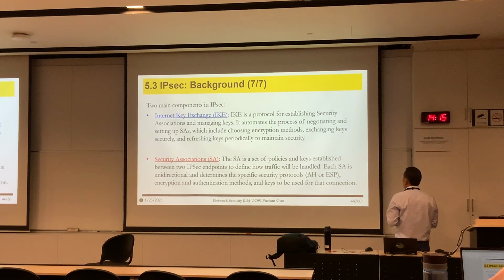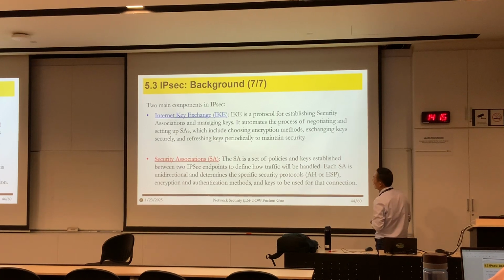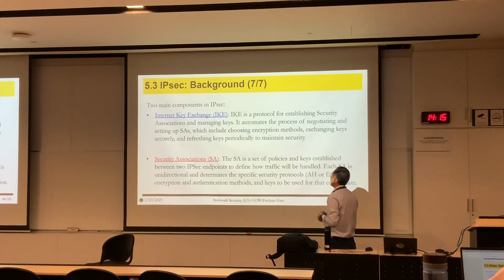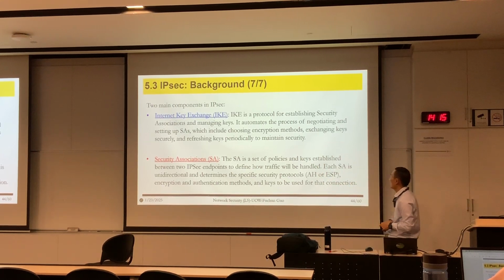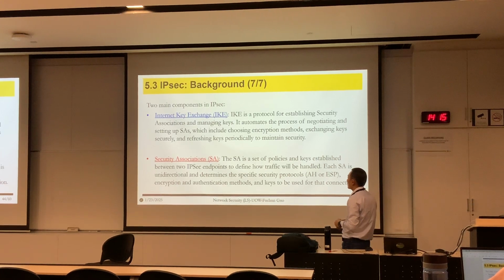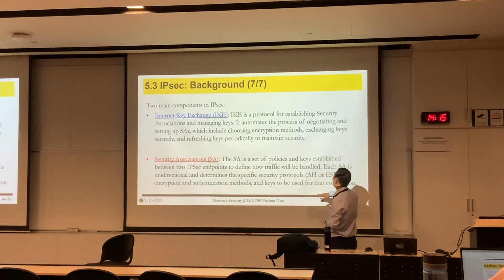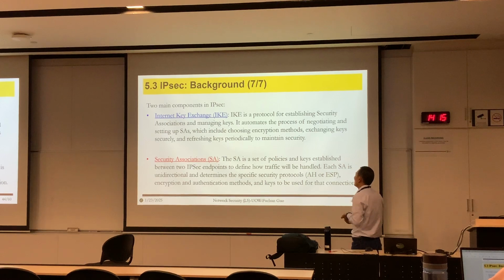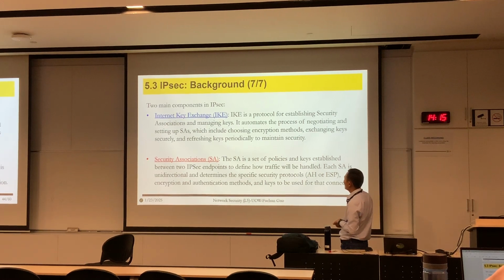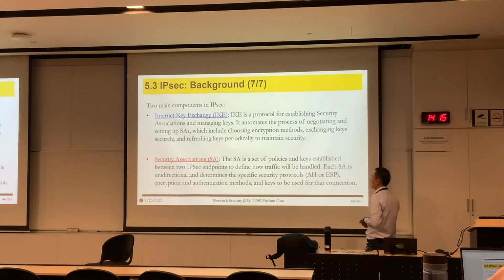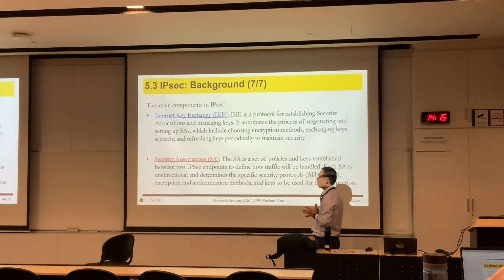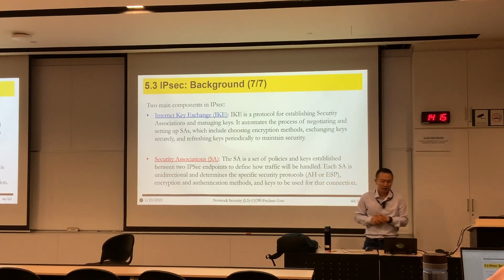This is a set of policies and keys established between two IPsec endpoints to define how traffic will be handled, and each SA is directional and handles a specific security protocol. We will define what kinds of protection, like AH or ESP, and the keys to be used for the network. I will further introduce this component, but here I just highlight it.